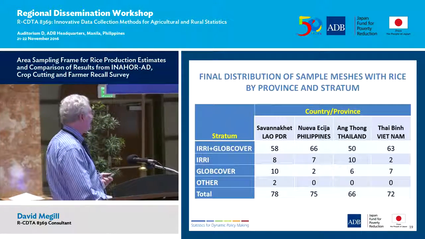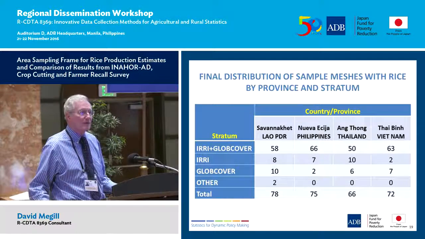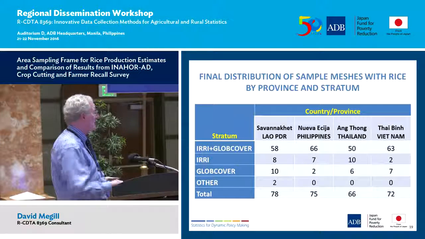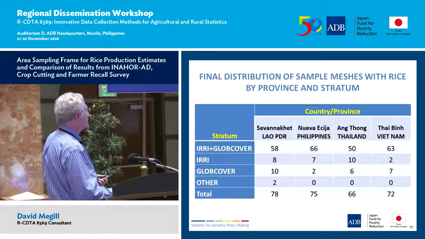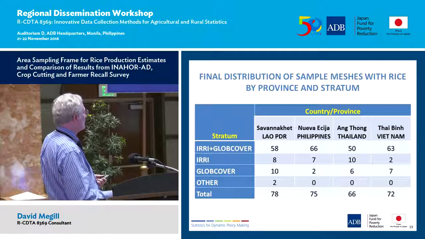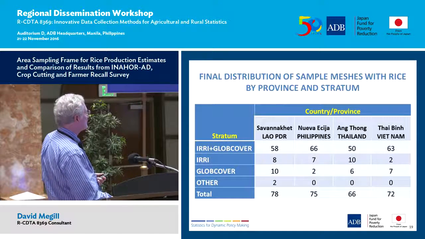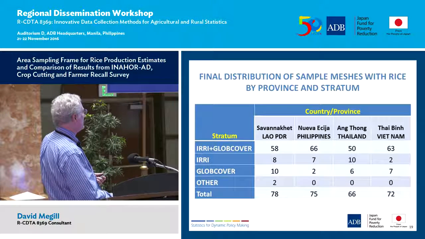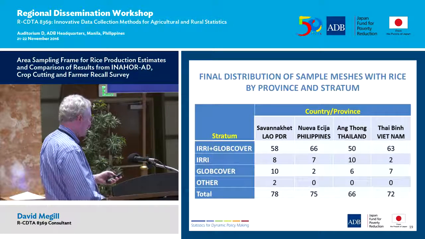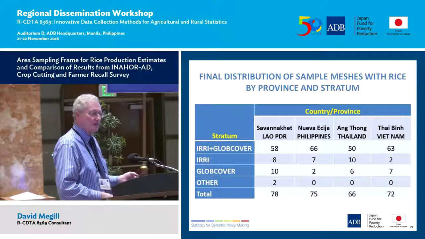And actually, those were selected with a very low probability, so they would have a higher weight, which added to the variability. And we'll see that in the results. But in the others, no rice was found, as you would expect. And so the results varied a little bit by province. And you can take a look at this in more detail.